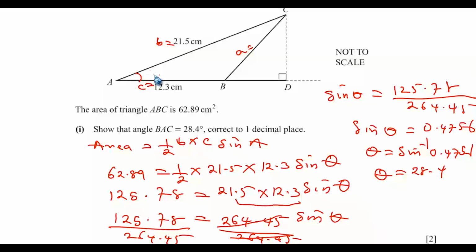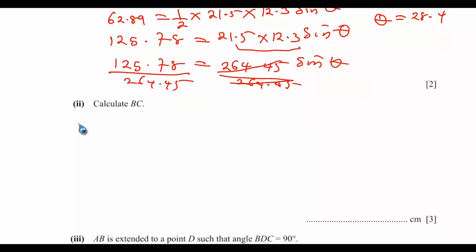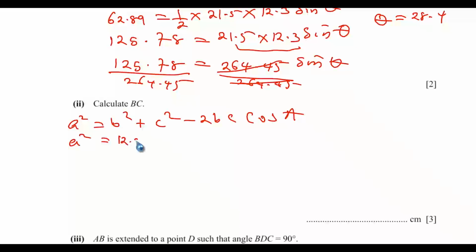So the theta here is now 28.4, let's key in the value. Using cosine rule, we can get BC, which is A. So I can say A squared equals B squared plus C squared minus 2BC cos A. If you key in the values, B is equal to 12.3 squared plus C is equal to 21.5 squared minus 2 into 12.3 into 21.5, then cos 28.4.